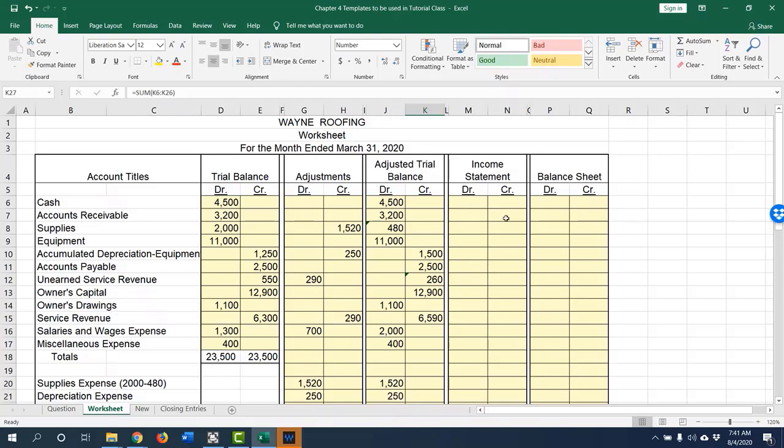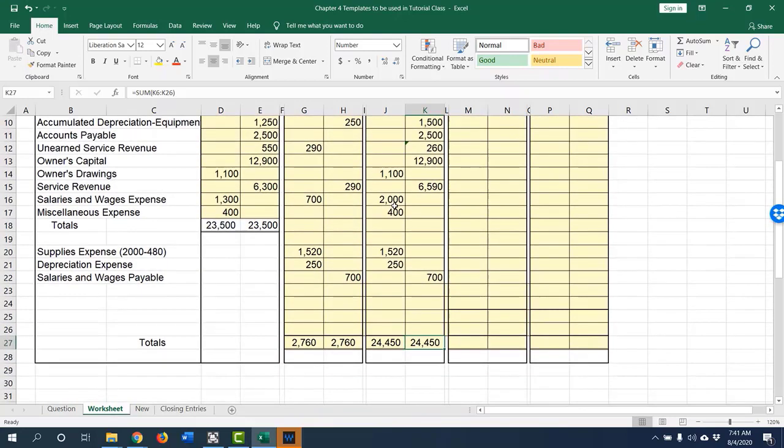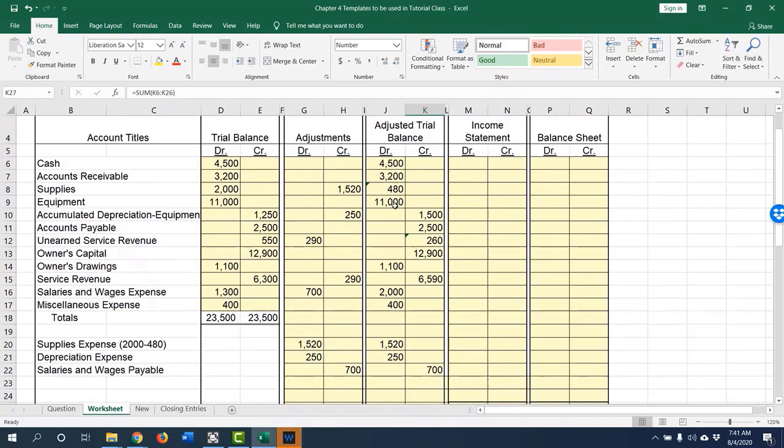Now you know that you have the adjusted balance, and we already know that a company can prepare, or should prepare, financial statements from the values the company gets from the adjusted balance. So here in the worksheet we also got the adjusted balance. So we can also prepare or calculate the values of our income statement and balance sheet accounts.